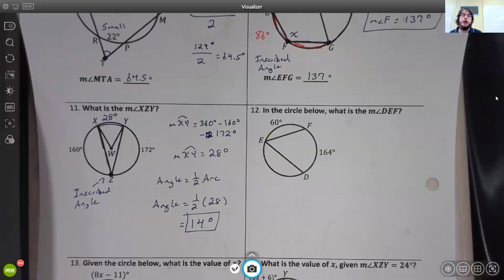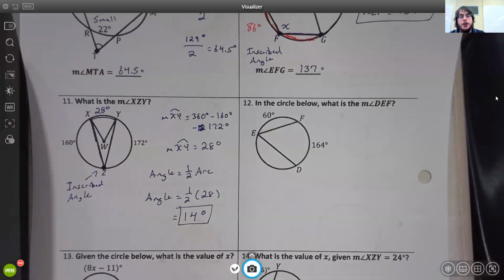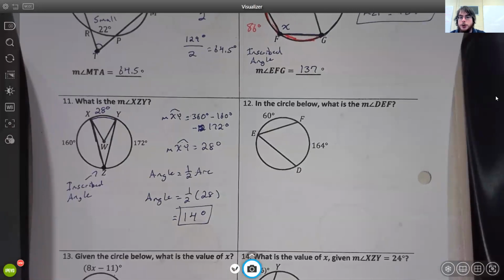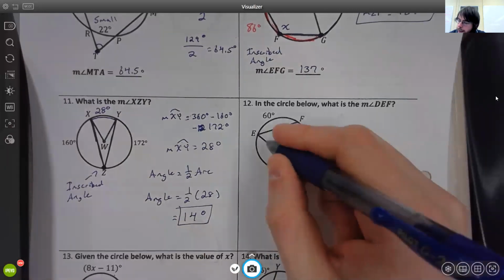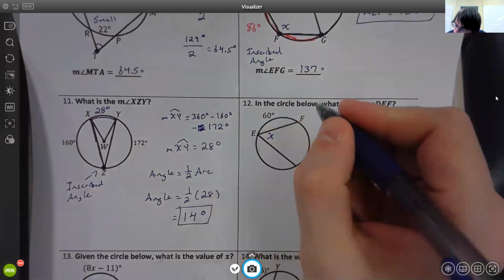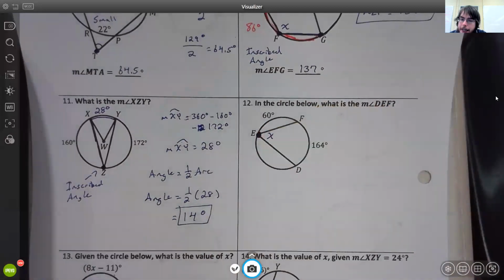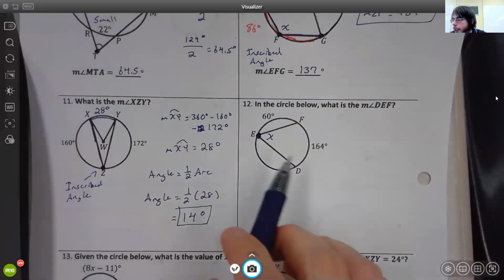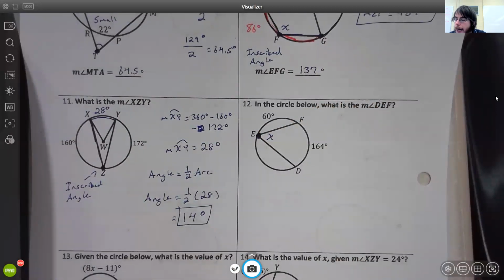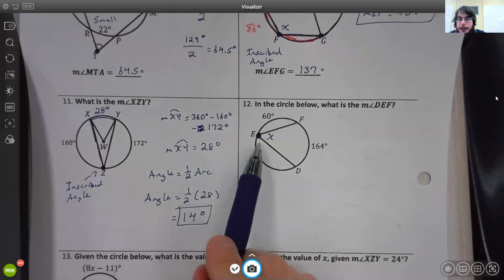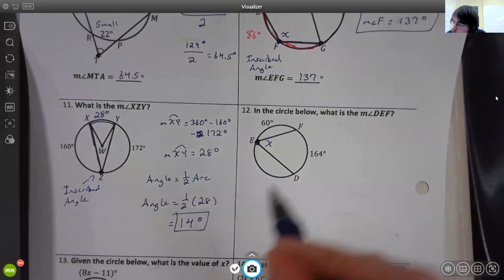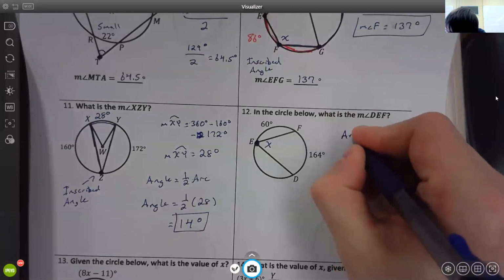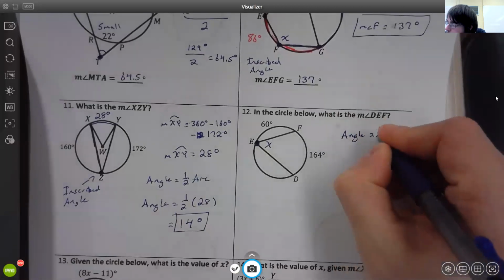Next up, number 12. Number 12 says, in the circle below, what is the measure of angle DEF? So angle DEF is here. And you'll notice that angle DEF is on the circle, on the edge of the circle. So that means that it is an inscribed angle. Now, since it's an inscribed angle, we know that angle E has to be equal to 1/2 of its arc.